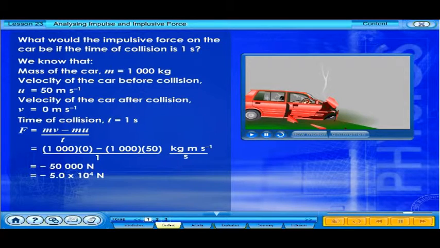The impulsive force exerted on the car if time of collision is 1 second is 50,000 newtons, that is, 100 times lower than if t is equal to 0.01 seconds.